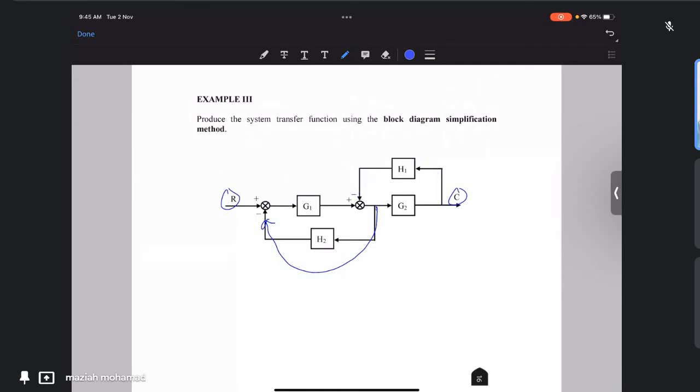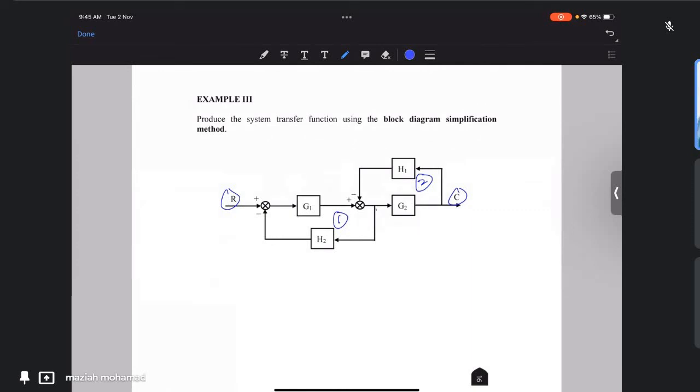So which one are we going to start first? The first loop or the second, the first feedback or the second feedback? Let's consider this is first, this is second. You can start with any, you can start with the second loop or the first loop.